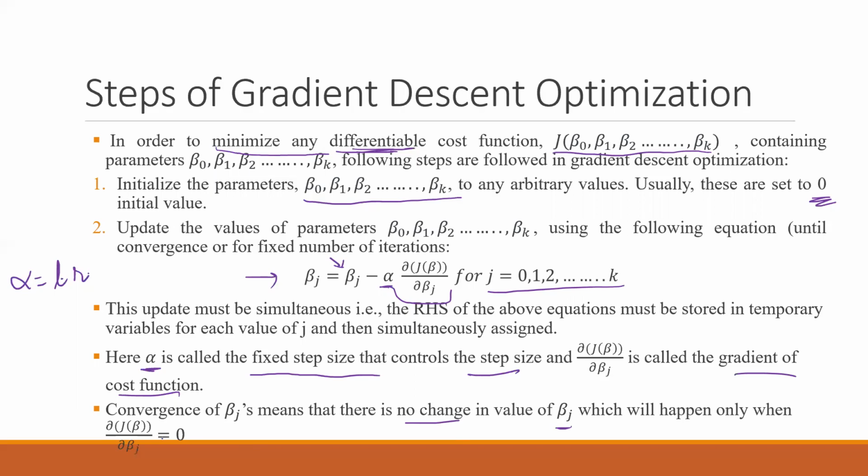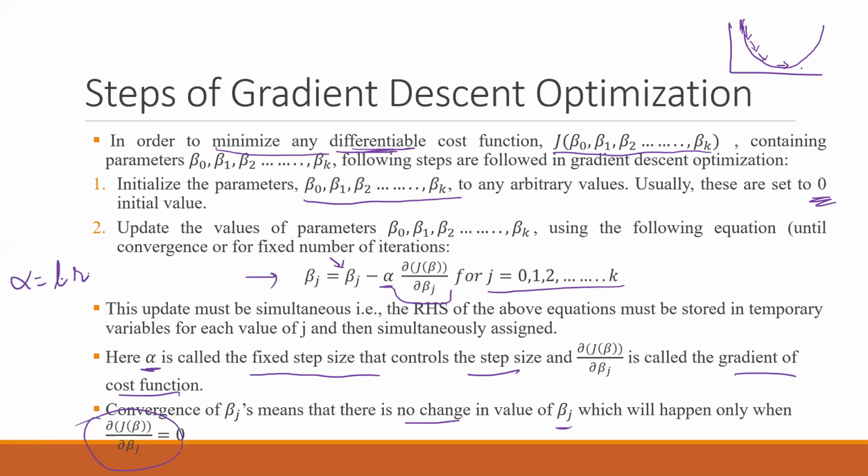Convergence of beta means that there is no change in the value of beta j, which will happen only when this slope is equal to 0. Let's say you were doing some optimization on this plot, and initially some slope was coming out, but then there came a point when this became straight.